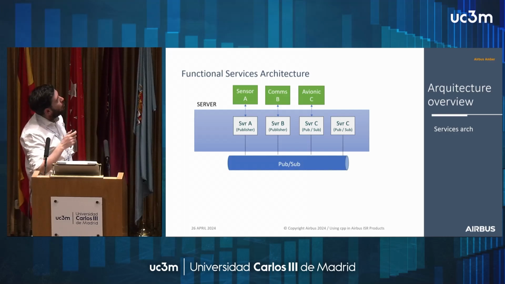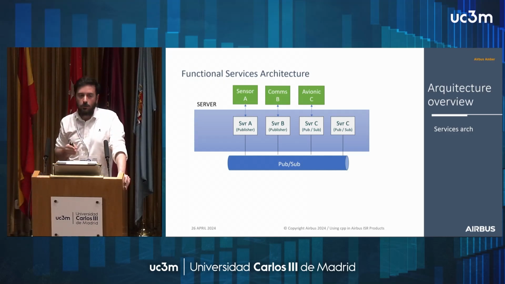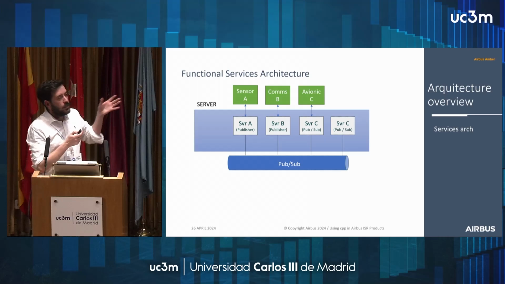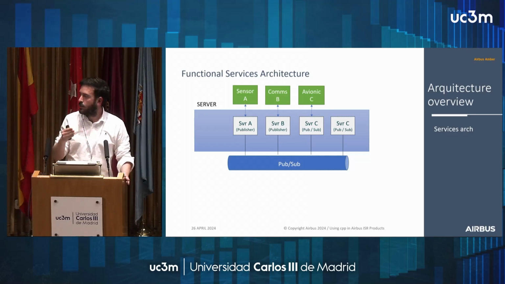Next, we have a dedicated pub/sub channel. In this approach, we change CORBA to DDS. All the services publish the information in the channel independently of who is on the other side.